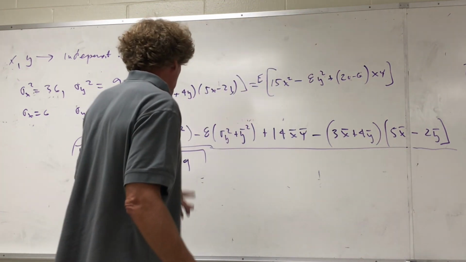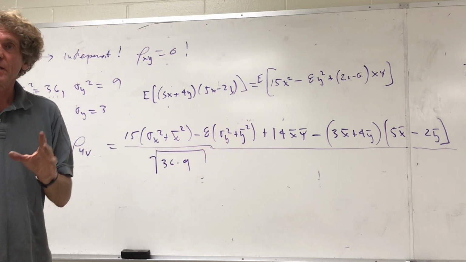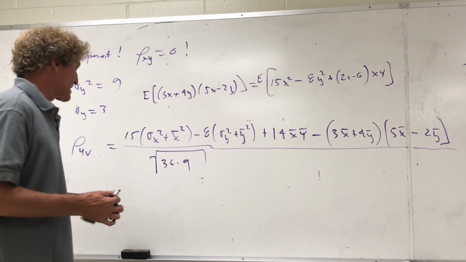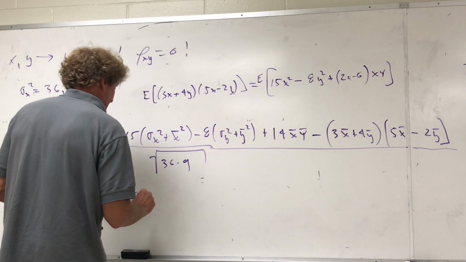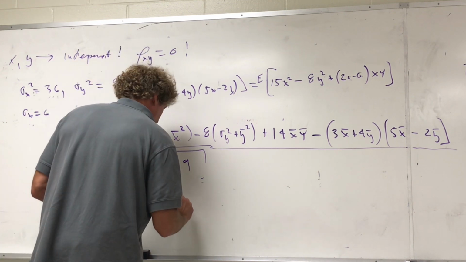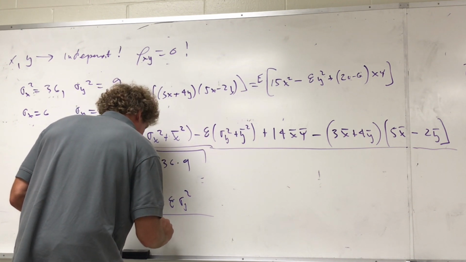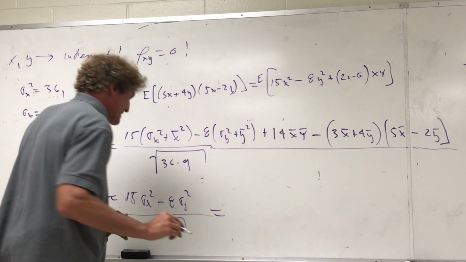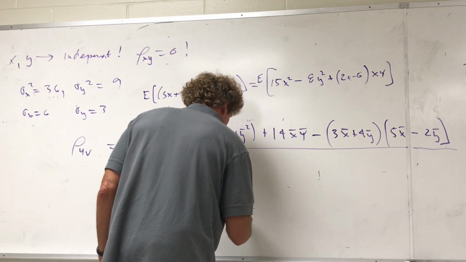Follow me? There's going to be a minus 8 y bar squared here. Everything cancels with the mean values here, right? So what's left? You're going to get 15 times sigma x squared minus 8 times sigma y squared over the square root of 36 times 9. And I want to say that's 0.707, or 1 over the square root of 2.